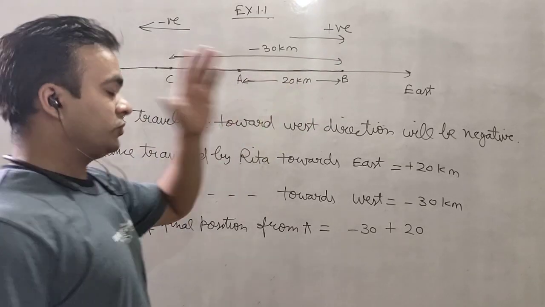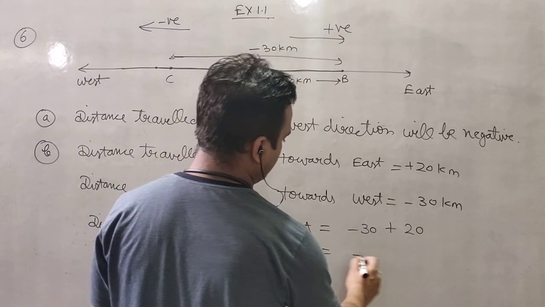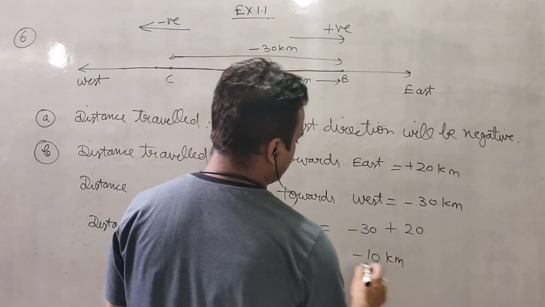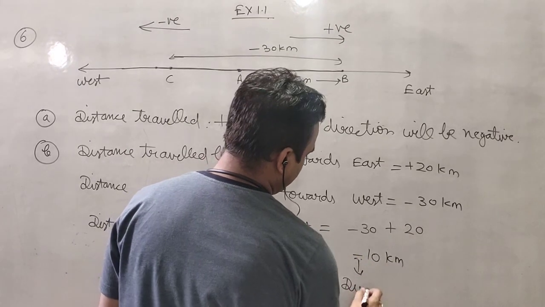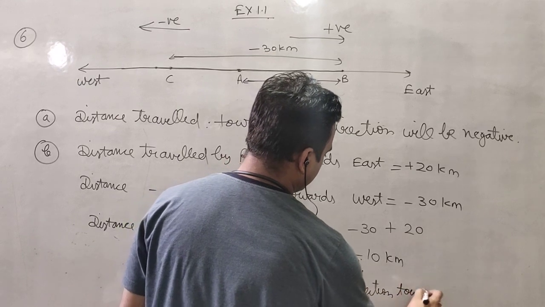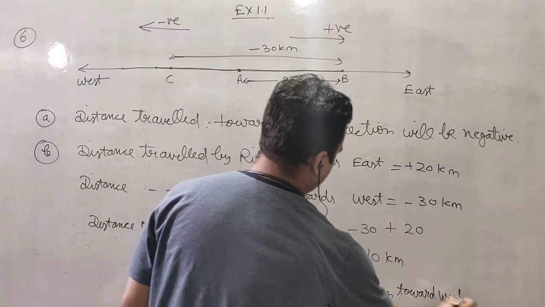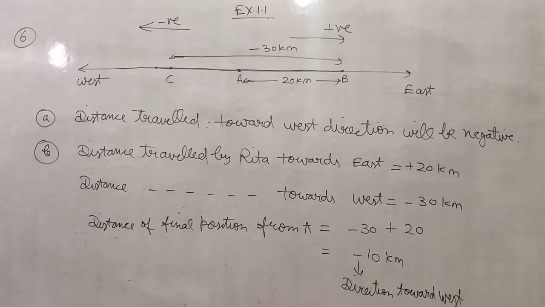So minus 30 plus 20, or you can say we subtract, ultimately we get minus 10 kilometer. This minus is representing the direction towards west. If it becomes positive, we will understand it means the east direction, because east direction will be positive only. So this is the way to do this sum.